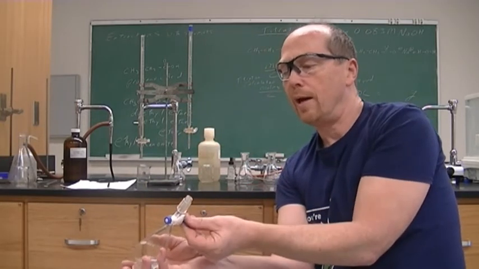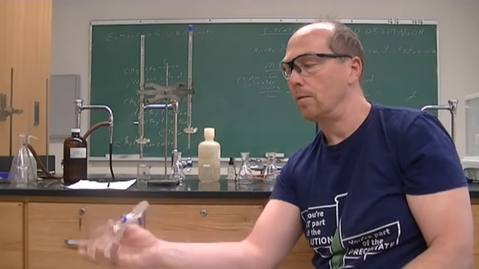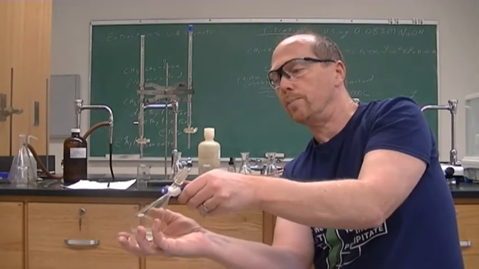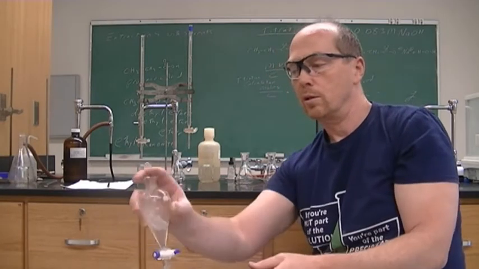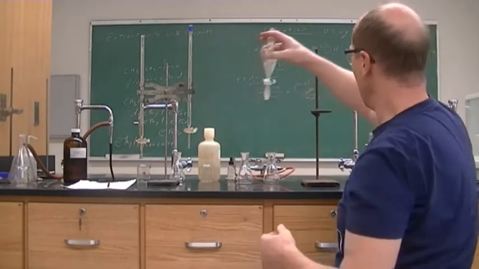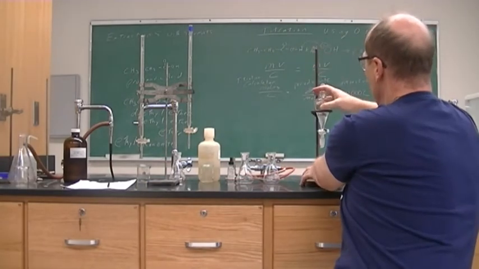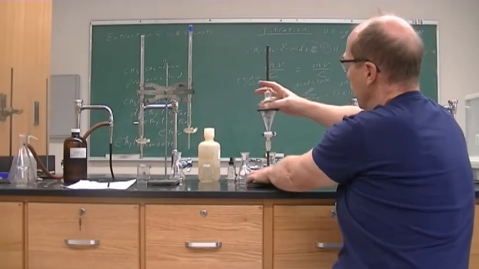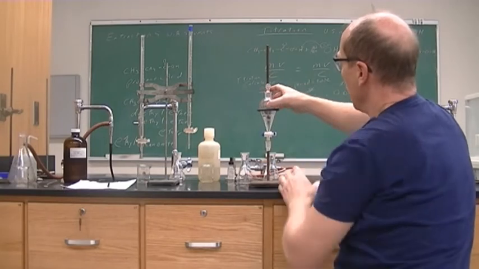So we have thoroughly mixed our ether in with our acid solution. I don't hear anything. We put it back up here, stick it in this iron ring, and let it separate.